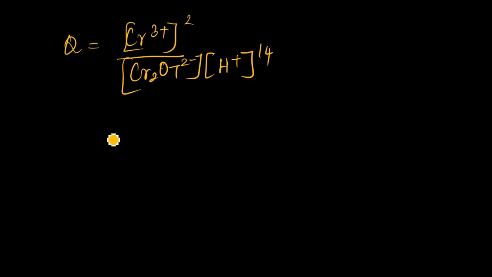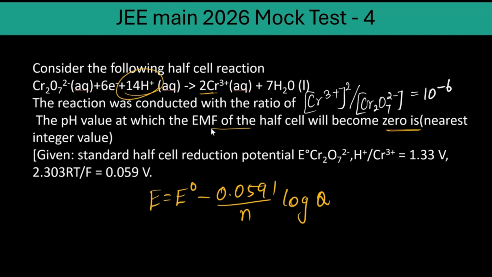So let's substitute the values over here. They have given the condition that the EMF of the half cell will become 0, right?